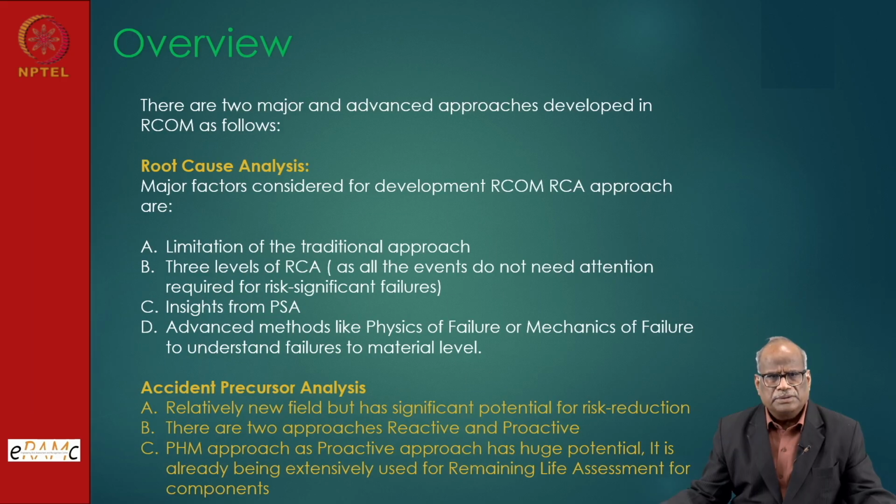So we had the root cause analysis and accident precursor analysis program. We discussed the limitations of the traditional approach to root cause analysis, the 3 levels of RCA, insights from PSA, and advanced methods like physics of failure and mechanics of failure. This field is developing, and for engineering we can call it mechanics of failure, as I mentioned in one of my papers, to understand why the failure has happened.